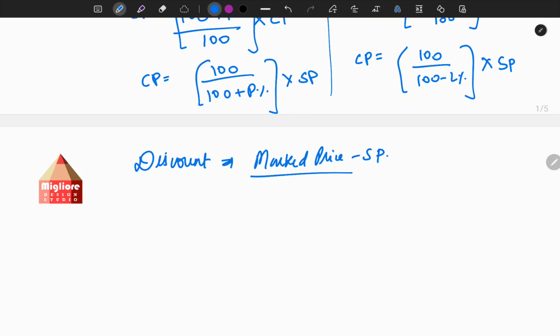So say I go to a store and they are trying to sell me a box for 150 rupees. I bargain and I get it for 100 rupees. So my discount would be 50 rupees in this case, my marked price would be 150 and selling price would be 100.